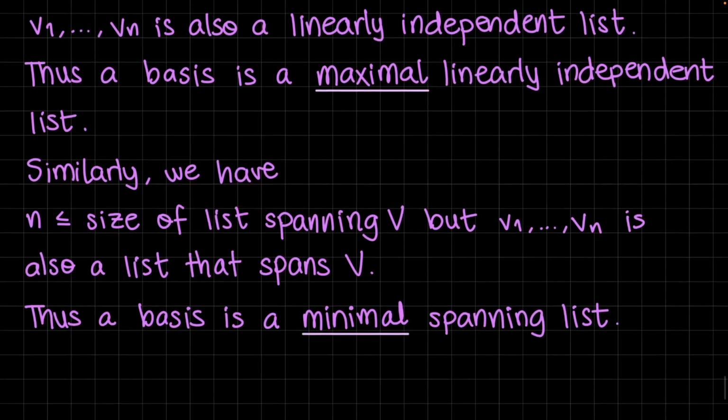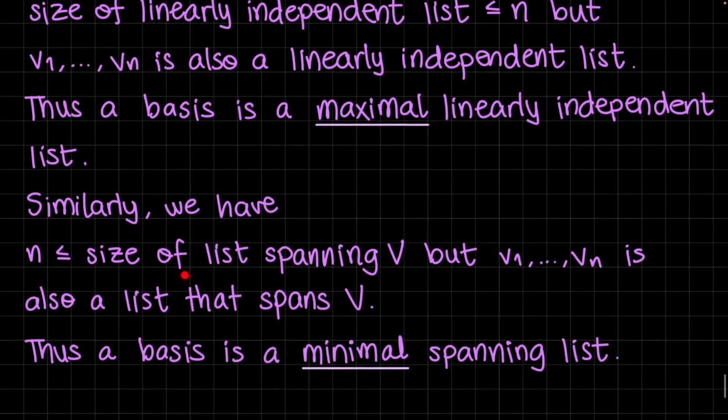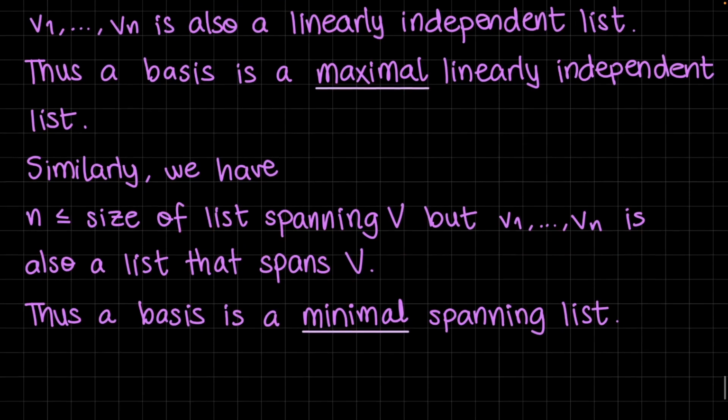Similarly, we have V1 through Vn is a linearly independent list. So we can set the lower bound to n because we know what the size of that linearly independent list is. So n is less than or equal to the size of lists that span V. But we know that V1 through Vn is also a list that spans V. So because it's a basis, it will saturate this inequality again, like it did with the one before, such that if we had any other spanning list that was not a basis, it would be more than n strictly.